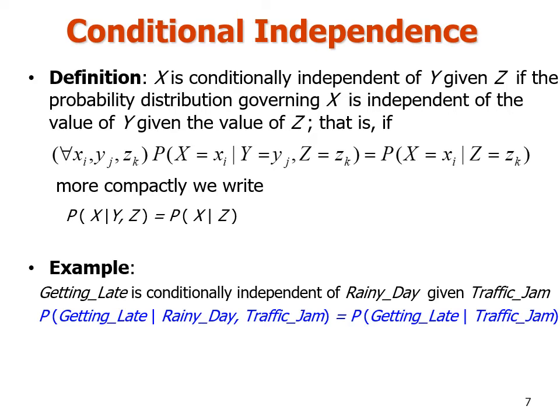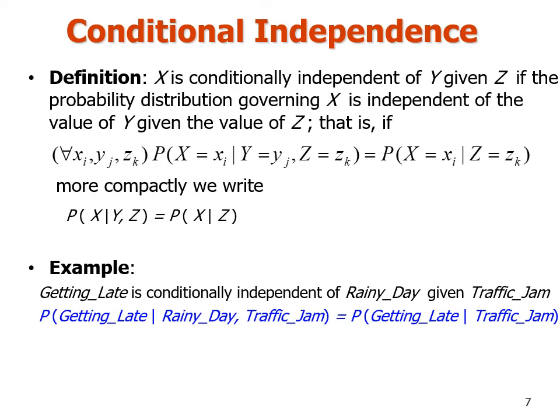This means that even if getting late is dependent on the two events, rainy day and traffic jam, if we know the value of traffic jam, then we may say that getting late is independent of rainy day given the value of traffic jam.